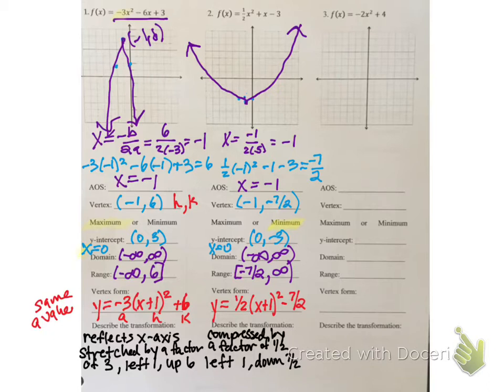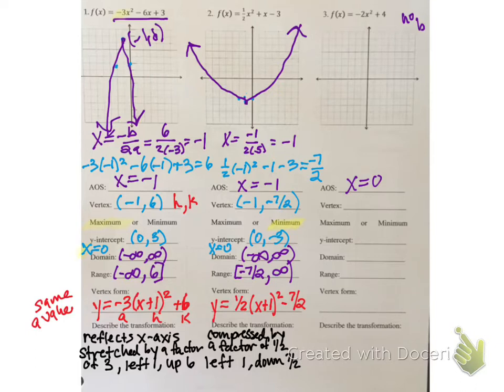Okay, finally for number 3, same kind of process. Hopefully you're getting the hang of it by now. We can only hope. So negative b over 2a. In this case, there is no b value because the b value would be in front of the x. So my axis of symmetry is just 0 because it would be 0 over 2 times negative 2.